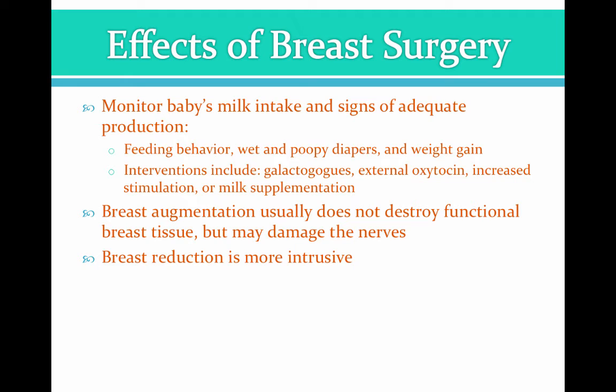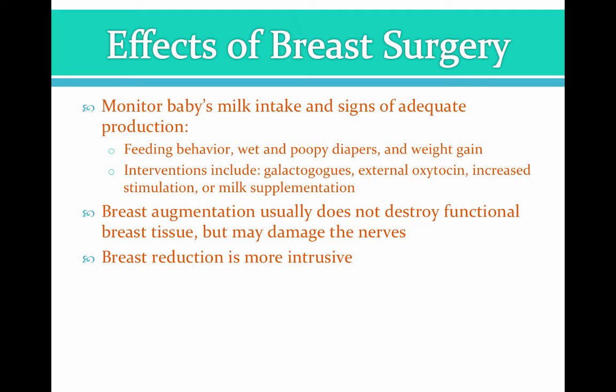So if you're working with a mother who has had breast surgery, then you need to monitor the baby's milk intake and signs of adequate production. Look at the baby's feeding behavior. Look to see if the baby's having an appropriate number of wet and poopy diapers, and of course, make sure that the baby is gaining an appropriate amount of weight.